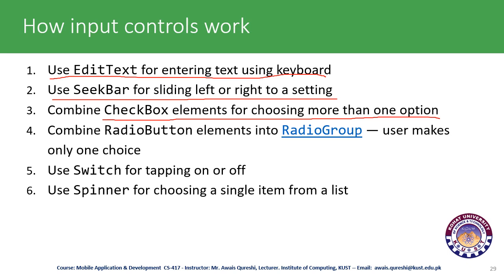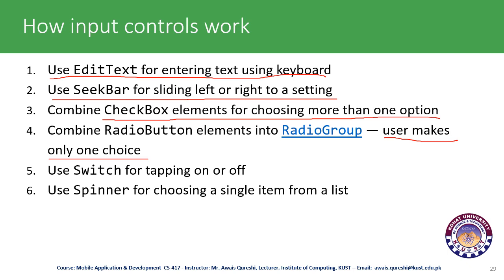And we can use radio button elements in a radio group, because the radio buttons are always tied together via the radio button group. We mention a group name and we bind every radio button to that group. So in this way we can select only one value or only one choice. Try to remember which input control is used for which purpose.